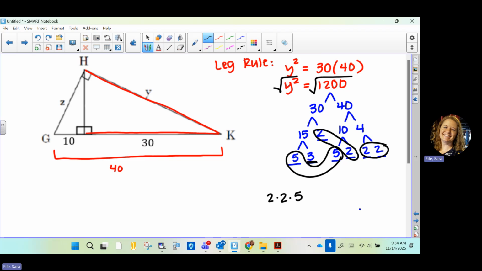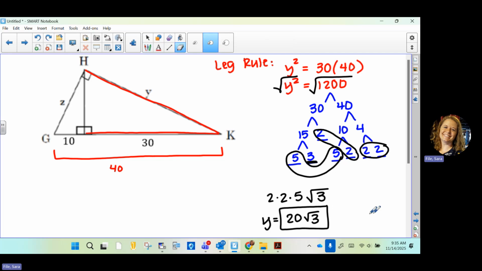Unfortunately, that 3 doesn't have a partner, so he stays inside. Whatever got to come out, you multiply. Whatever stayed inside, you multiply. So 2 times 2 times 5 gives us 20 root 3. So that is our y.